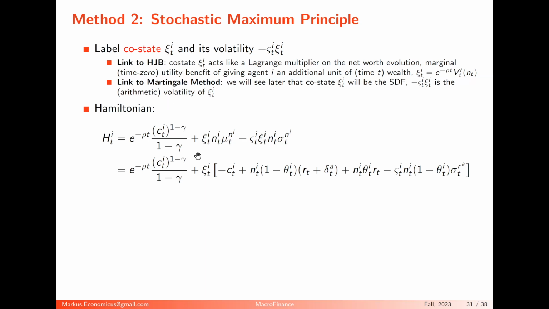So then I have to write the Hamiltonian this way. Here's my co-state variable on the net worth drift, and here's my co-state variable on the net worth volatility. It's arithmetic, so I have to multiply by this Xi and this Xi. Okay, so that's my Hamiltonian. Then I can plug in the drift and the volatility for my problem, and I get this. And then I take the first order conditions, and I get this first order condition, which is just for consumption, and then I get the first order condition for the risk premium.